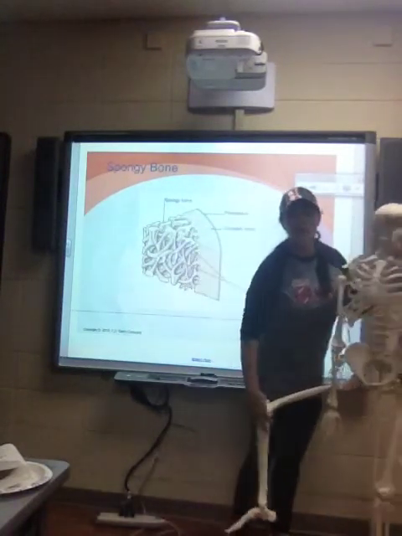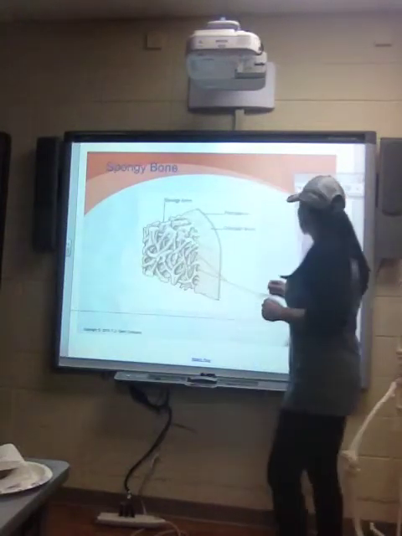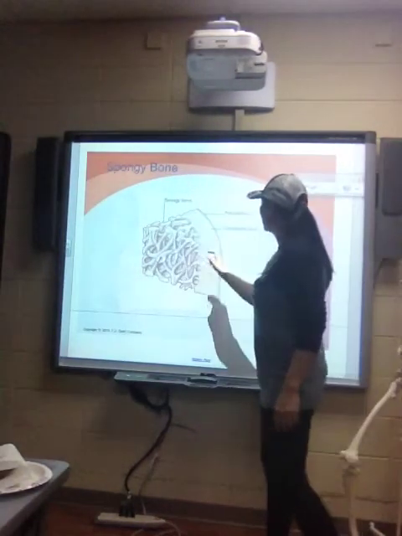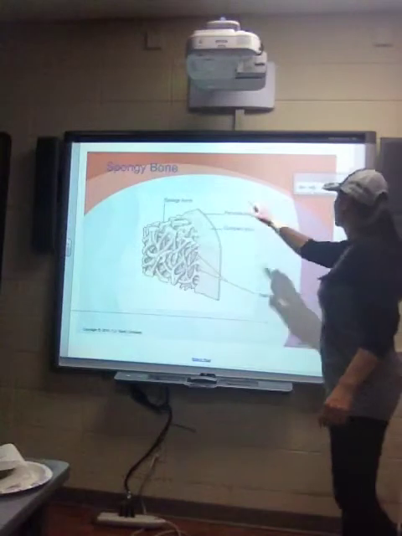That's why those joints are filled with spongy bone. On the outside of spongy bone, you still have compact bone, wrapped around even at the ends, allowing for lots of strength in that structure.